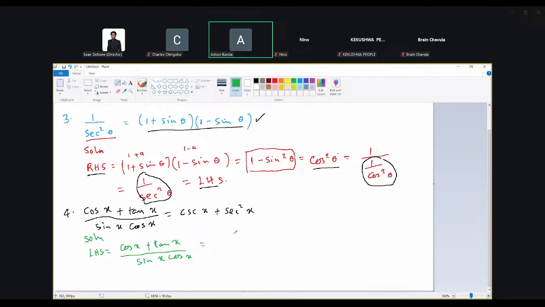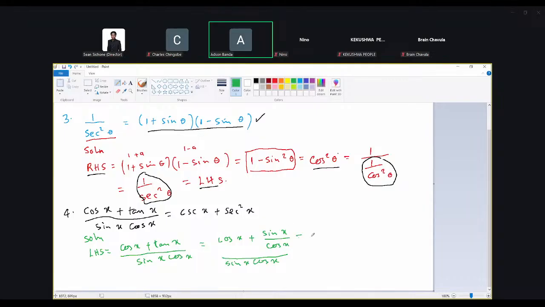Right, so we'll start from what we know. So we have the cosine of x. The tangent, we know we can rewrite it in terms of sine and cos. So I'll write this as sine x divided by the cosine of x, and everything is divided by sine x and the cosine of x. So this is what we have.